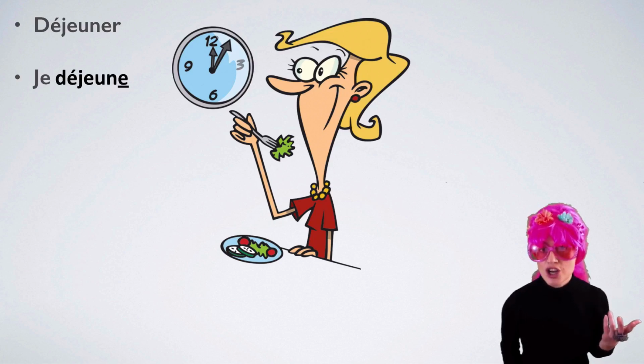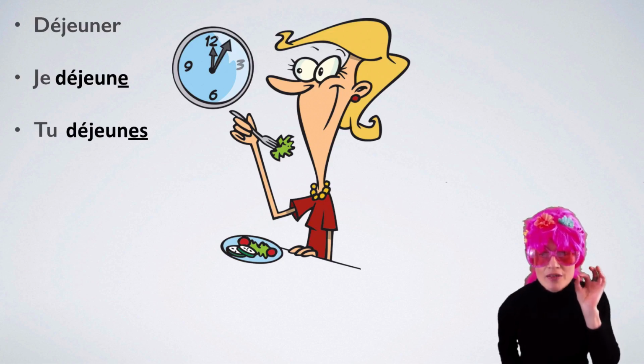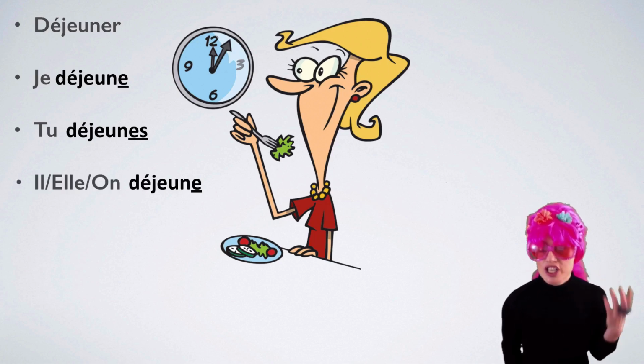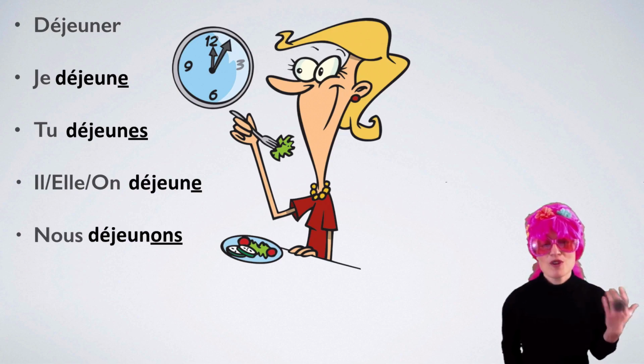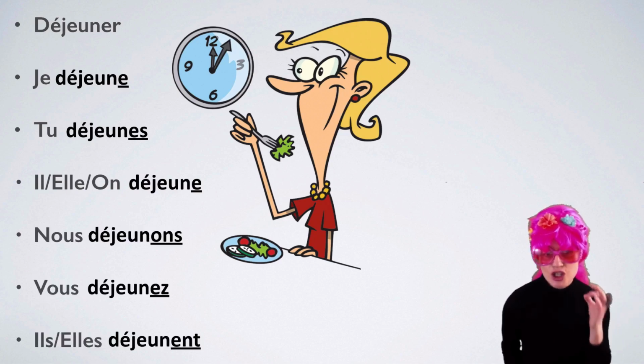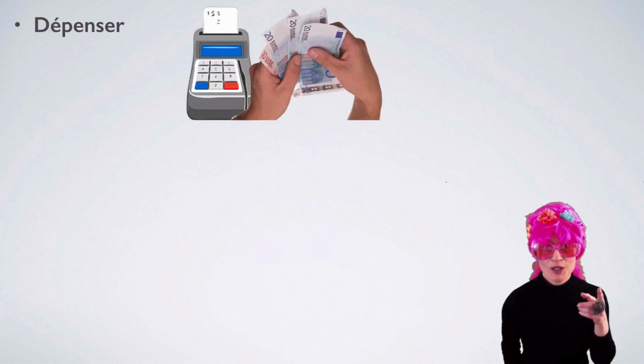Je déjeune, just the E. Tu déjeunes, ES. Think of S for sociable because tu is informal, so you're being sociable, you're being relaxed. S for sociable, they all have S's on. Il, elle, on déjeune, just like the je. Nous déjeunons. Vous déjeunez, il, elle déjeunent. Silent ENT.